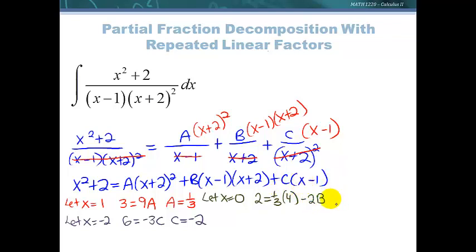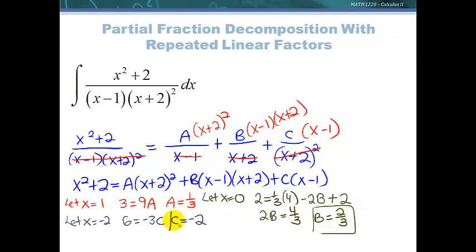And then putting a 0 here, we will have minus, and then putting in negative 2, that'll make that a plus 2 for the c. Now we just need to solve this for b. So these 2's will cancel, and if we move this over, we will have 2b equals 4/3. So b is going to equal 2/3.